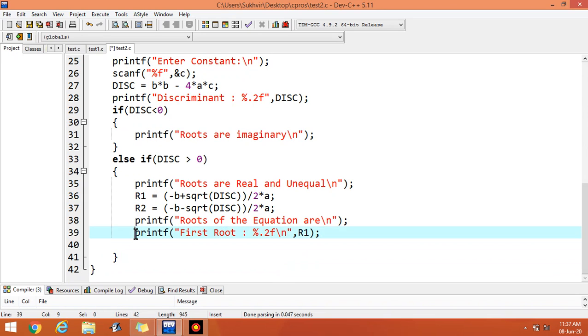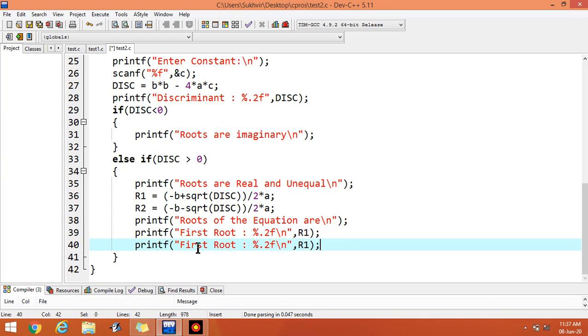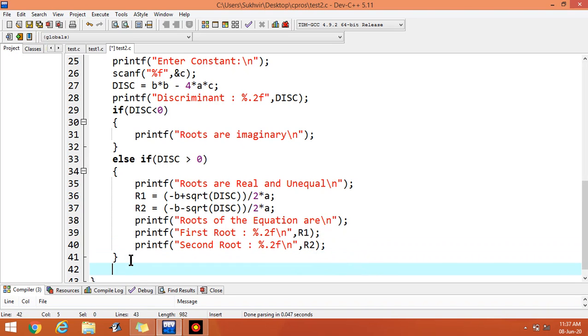Then you can write here second root, control C, control V, second root, you can write here R2, and the last is else.